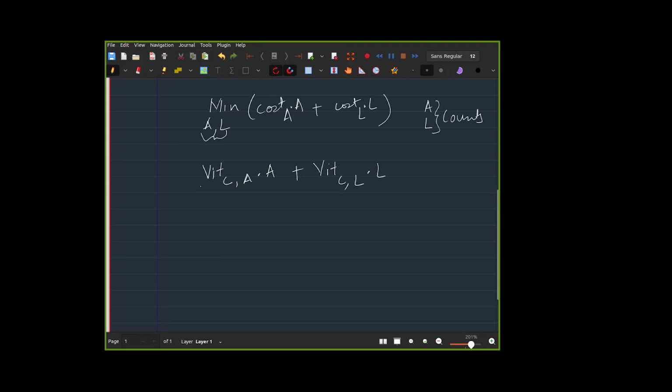So this is my total vitamin C consumption, and that should be greater than or equal to my vitamin C budget, right? This is my total vitamin C, right? Now there was also a calorie budget.